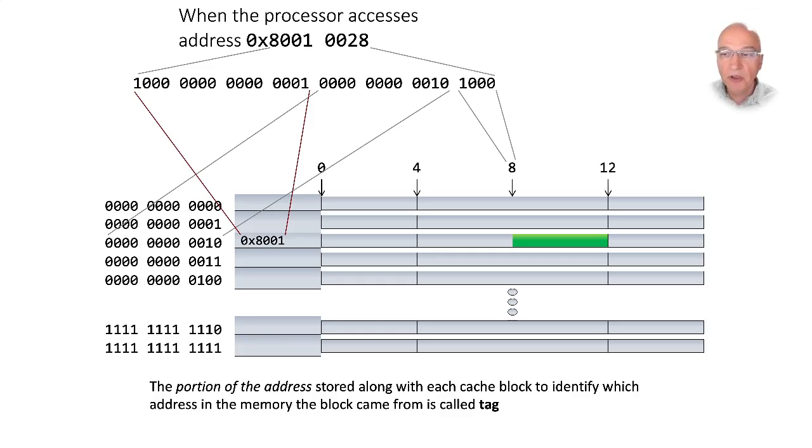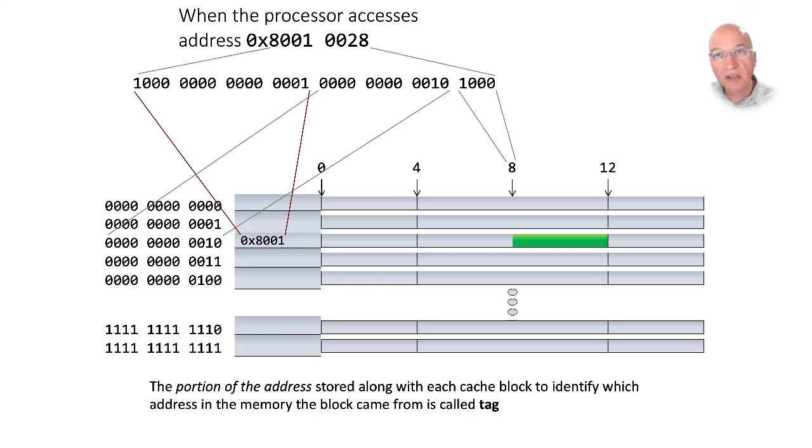So this is a portion of the address that I store along with each cache block to identify which address in the memory the block came from. That portion of the address that I store in the cache is called the tag. So I tag each one of the blocks in my cache with the memory address that the block came from.